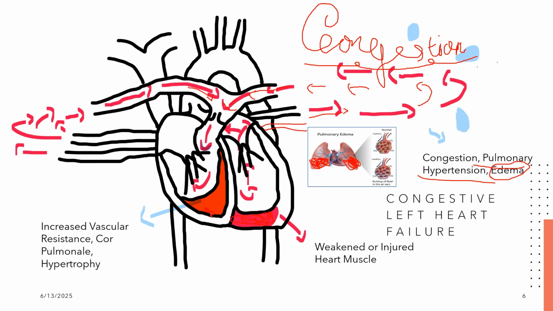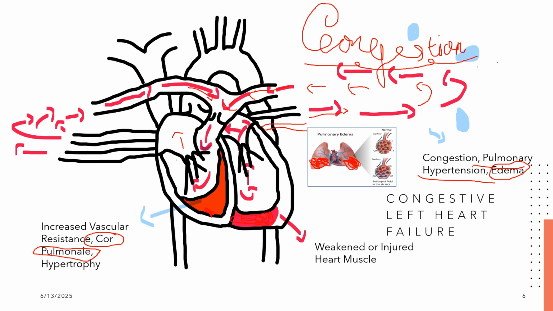But this is actually bad because this can not only weaken the right ventricle over time, it can also make it unable to fill with blood properly. And that is what leads us to right-sided heart failure. This is also known as cor pulmonale, and is the leading cause of right-sided heart failure.